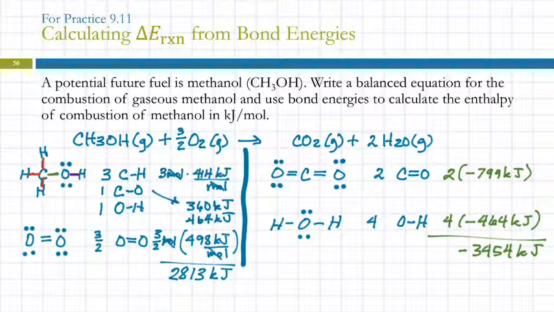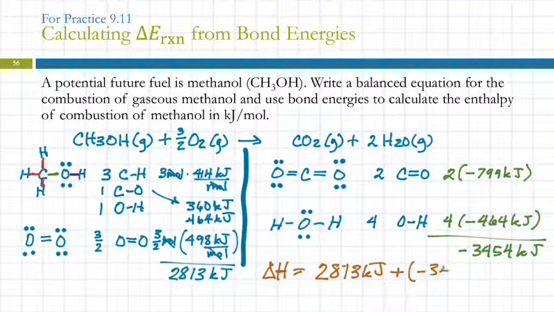So overall, what we've got then is we're just going to add these two things together. So delta H is going to be 2813 kilojoules plus this negative number 3454 kilojoules. So negative 641.